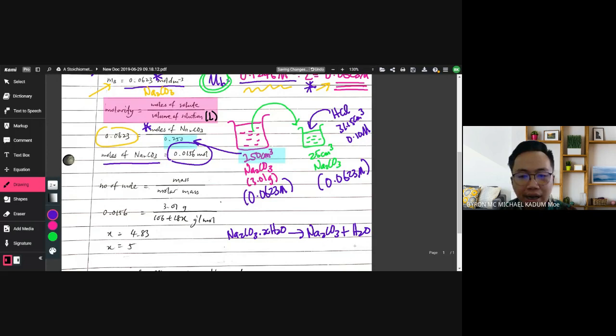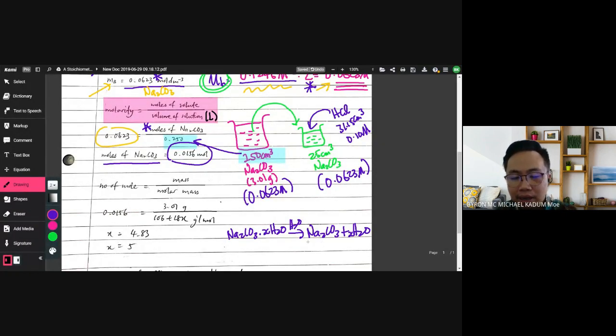Nah, ini secara kasar dia lah. So from this balance equation, okay, sini ada X lah, nilai X ini. Kita boleh kasih pisah dia bila dia dilarutkan dalam air kan.